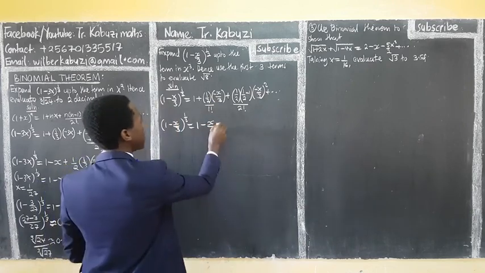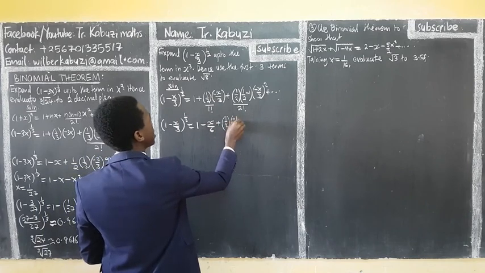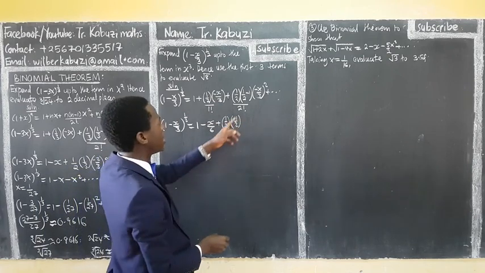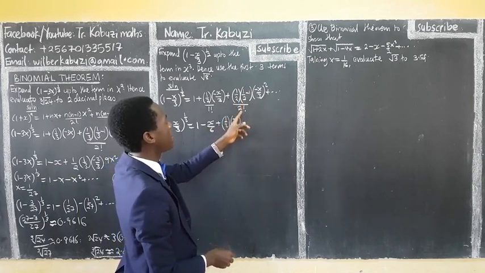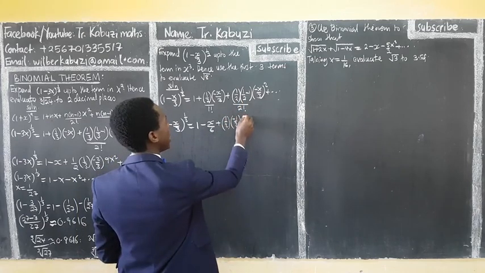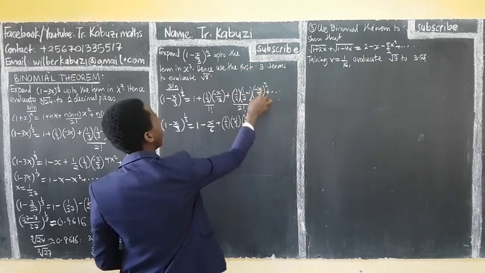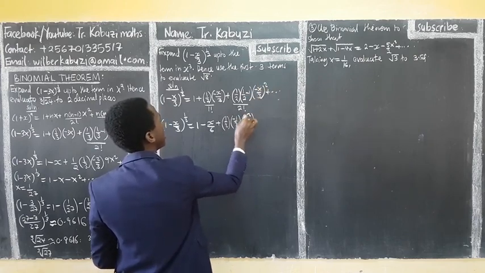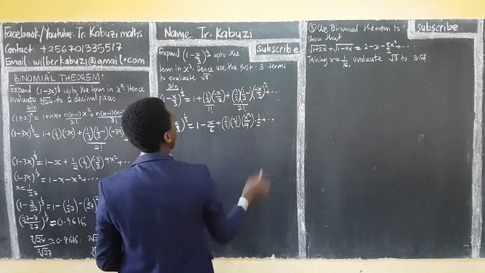Then here, I'm going to be having plus a half into negative a half. Then this one, 2 factorial. This is a half, this is a half, and also 2 factorial. When you square this, you get x squared. When you square 3, you get 9. Then times this 2 factorial, plus other terms.